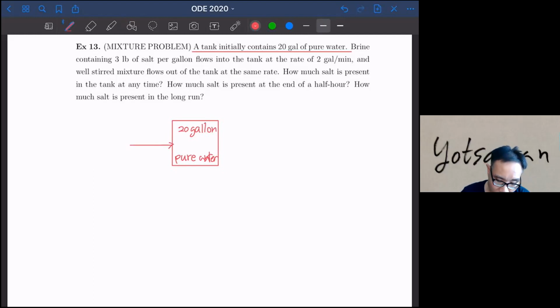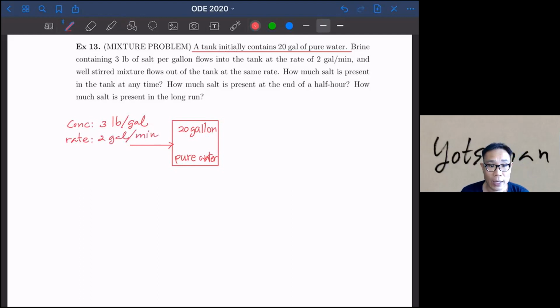The concentration of the brine is 3 pounds per gallon, so each gallon of brine contains 3 pounds of salt. The rate of brine flowing into the tank is 2 gallons per minute.